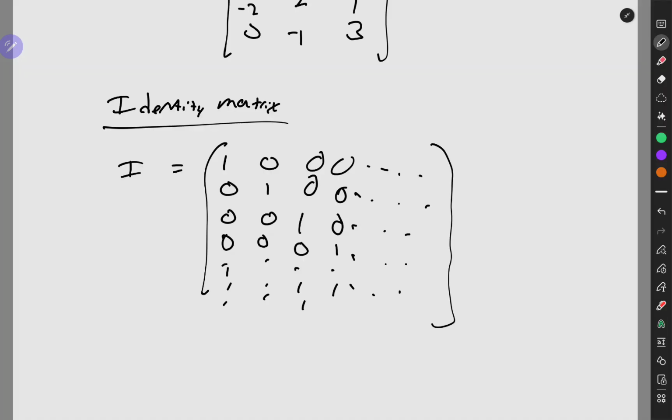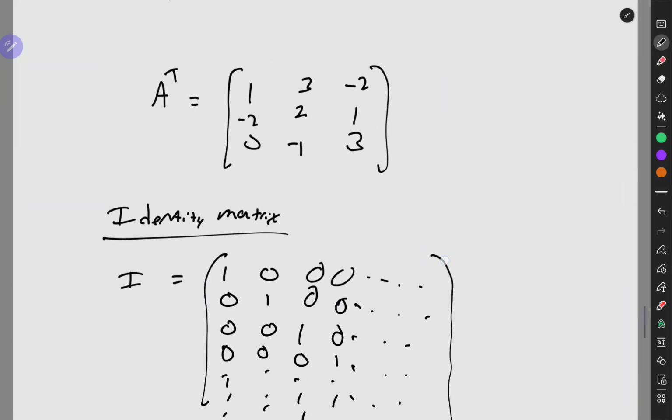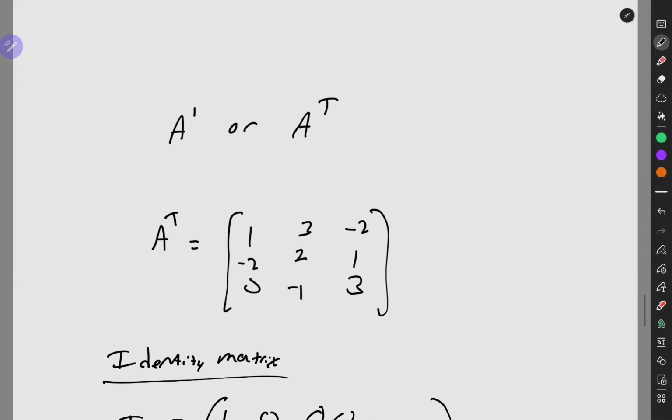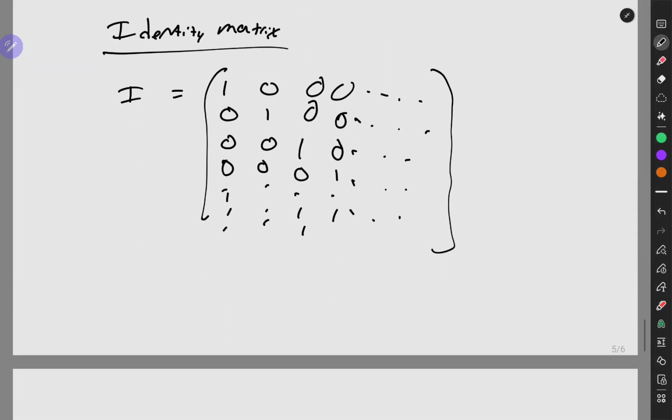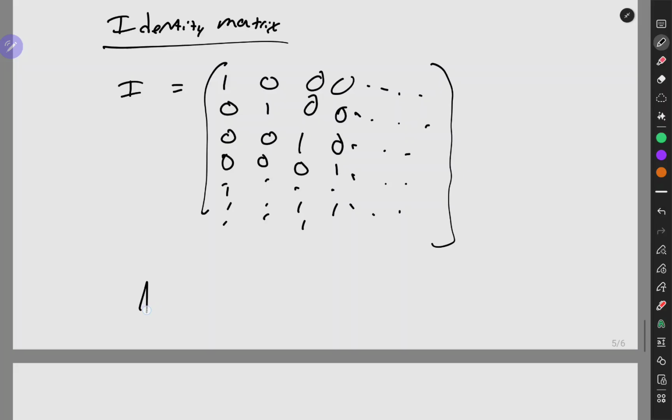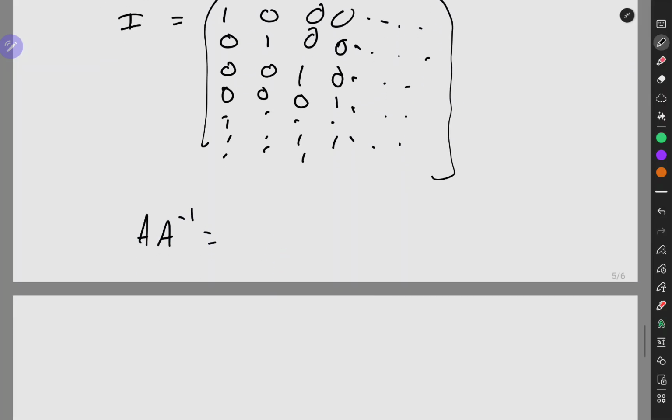So I'm not going to get too much into the specifics here, but if we had A times its inverse, which I'll get into in the next video, that is equal to the identity matrix. And it actually is quite interesting. If we flip that, it's the same thing.